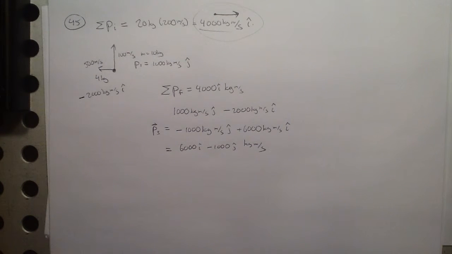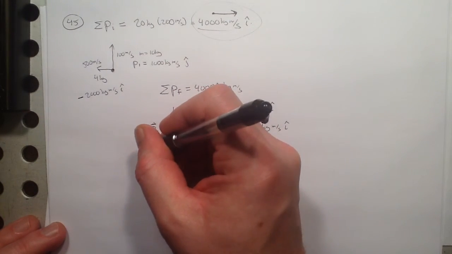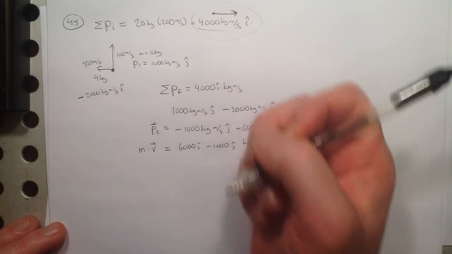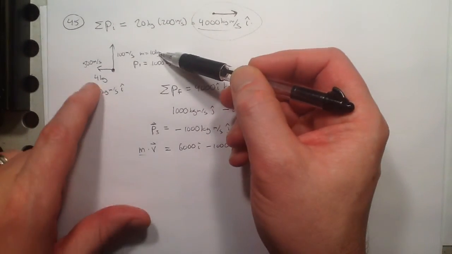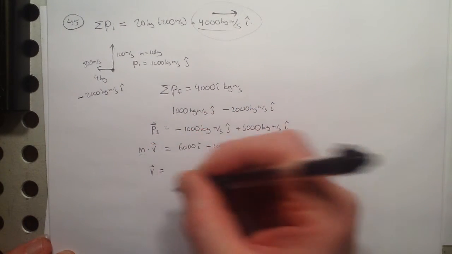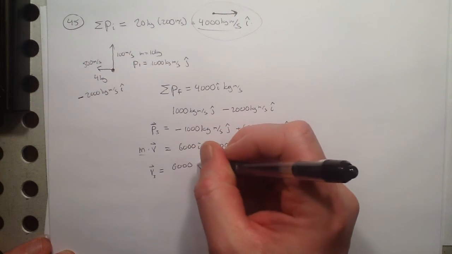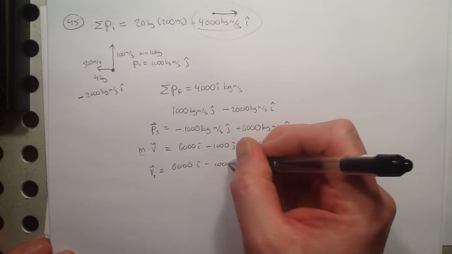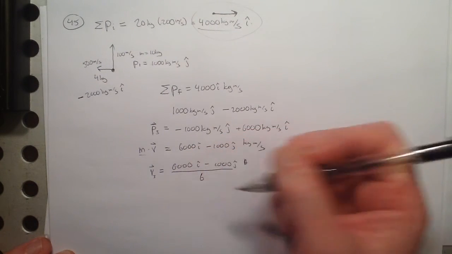Okay, so what do they want to know? They want to know, in unit vector notation, what's the velocity of the third part? Well, this is the momentum, so that's the mass times velocity, right? And the mass, well, let's see, if it was 20 kilograms, this is 10, this is 4, this would have to be 6, right? So the velocity of that third piece is these things divided by 6, right?